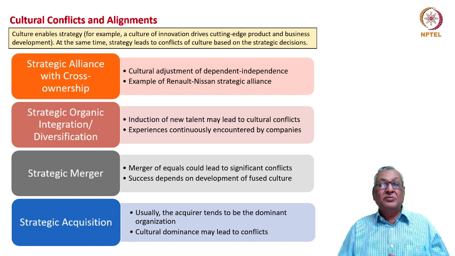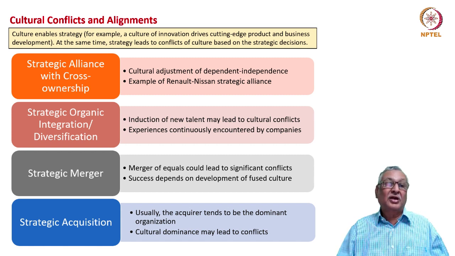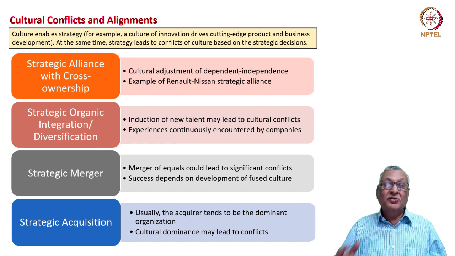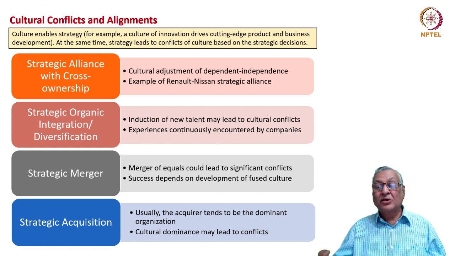But at the same time, strategy leads to conflicts of culture because of the strategic decisions that a firm may take. Strategic alliance with cross-ownership is one such case. I mentioned the example of the Renault-Nissan strategic alliance, which has provided certain advantages, but there was a cultural adjustment of dependent independence on an overall global scale.